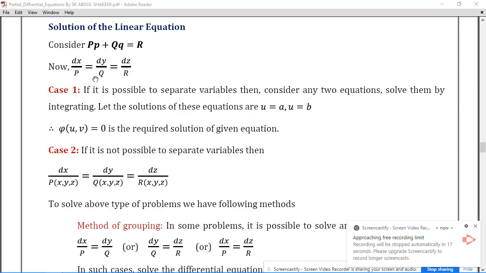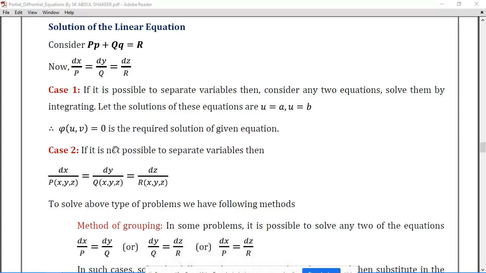We will get two different solutions, u equal to a and v equal to b, where a and b are constants. Thus we will have a complete solution of Lagrange's linear partial differential equation, that is, phi of u, v equal to 0 is the required solution of the given Lagrange's linear equation.